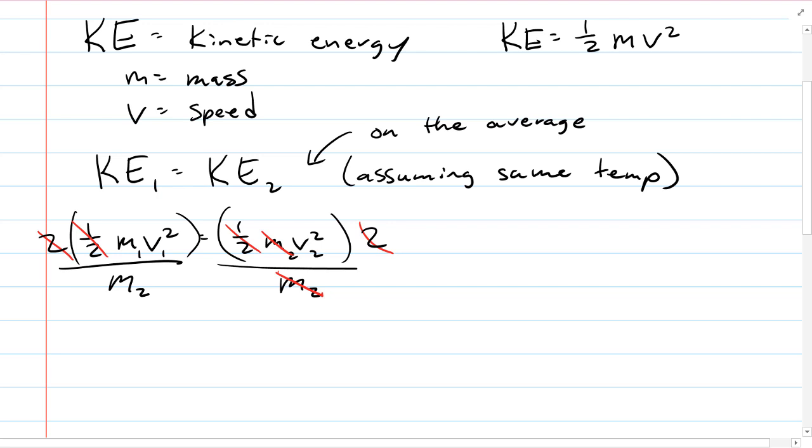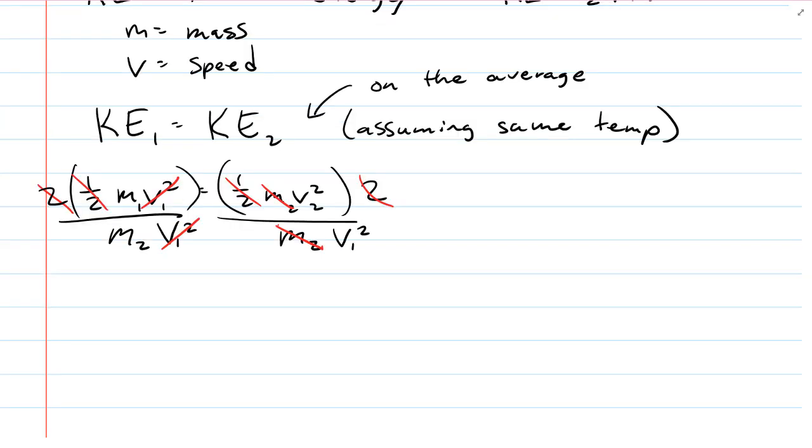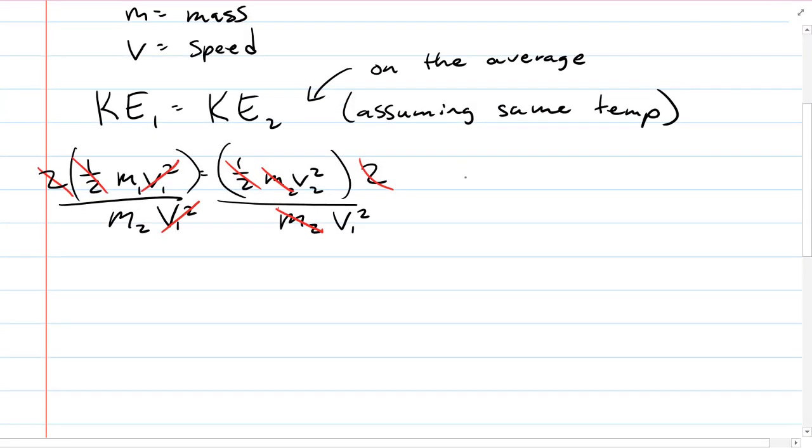If we then want all the speeds on the right-hand side, we divide each side by v1 squared, and that gets rid of them on this side. What we wind up with is m1 over m2 is equal to v2 squared over v1 squared.